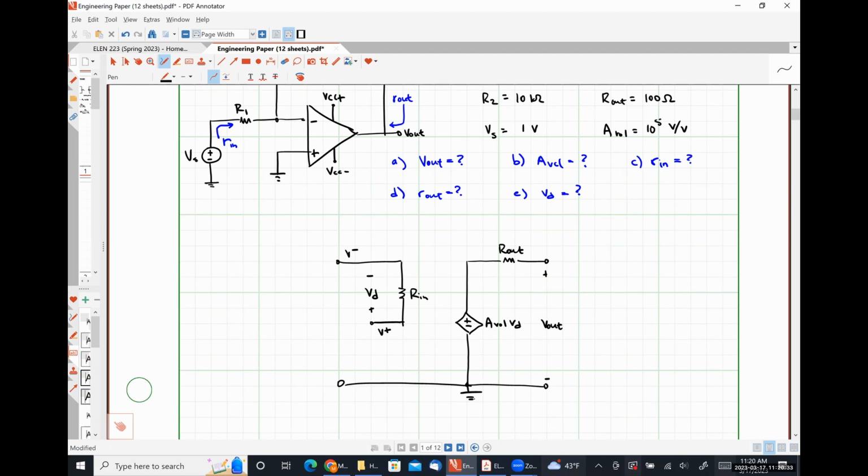So now let's connect things. Okay. My non-inverting input terminal is tied directly to ground. I'm just going to tie it directly to ground. My inverting input terminal sees a resistance R1 in series with my signal voltage Vs.